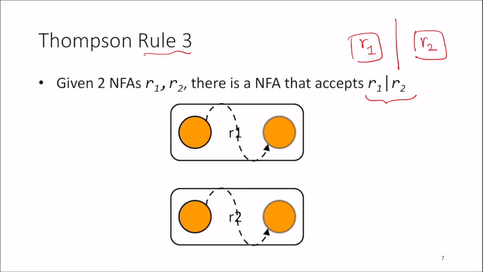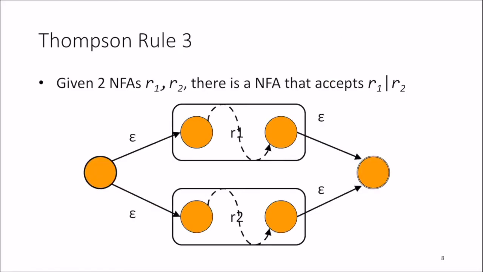So I take the NFA for R1, and this rule number 3 is telling me how I can build an NFA for this alternation. This is the NFA for R1, this is the NFA for R2. Then, to accept R1 or R2, I create a new start state, and then I have 2 transitions on the empty string that go to the original start states of R1 and R2.